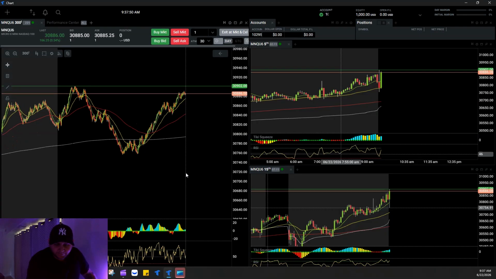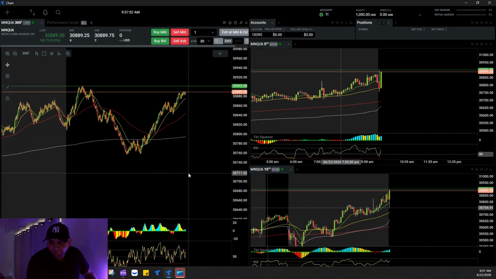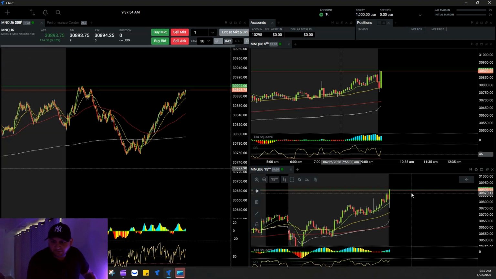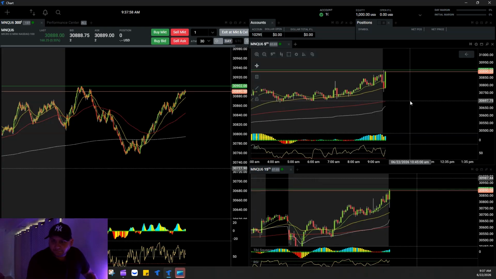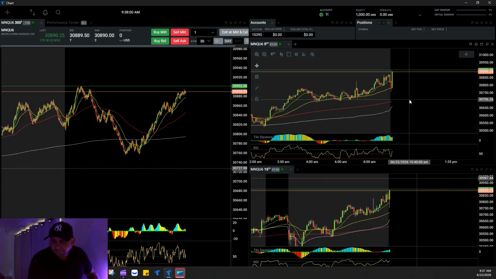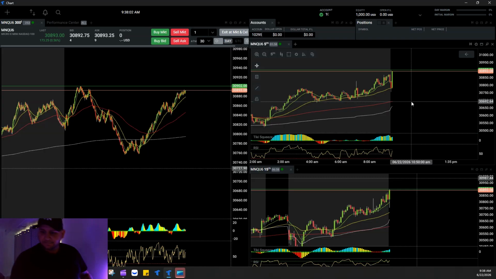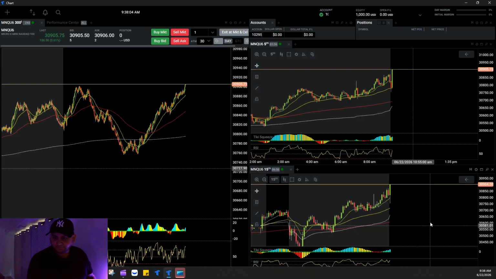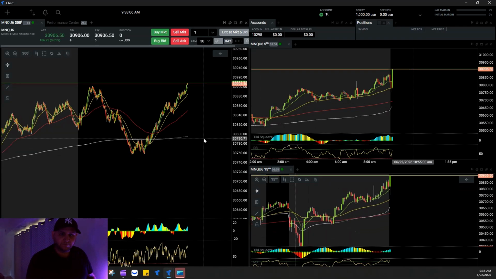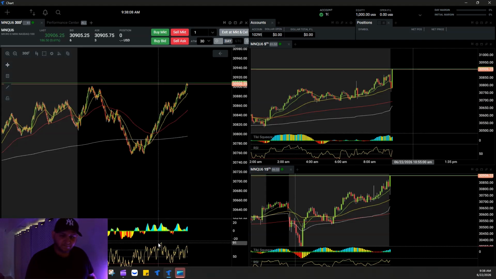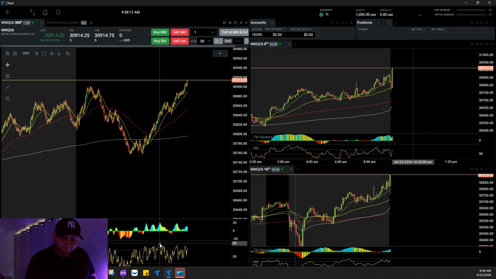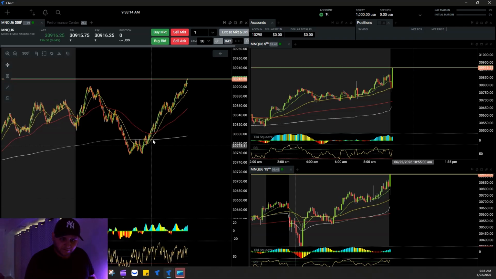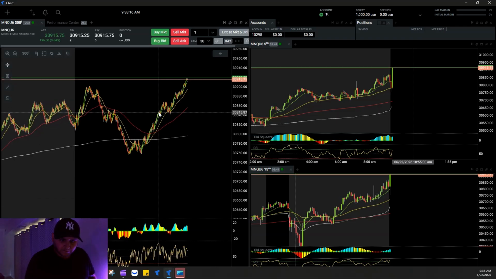Oh man, that looks like it's riding. Oh man. See, it's pretty cool. This is the peak of the RSI right here.